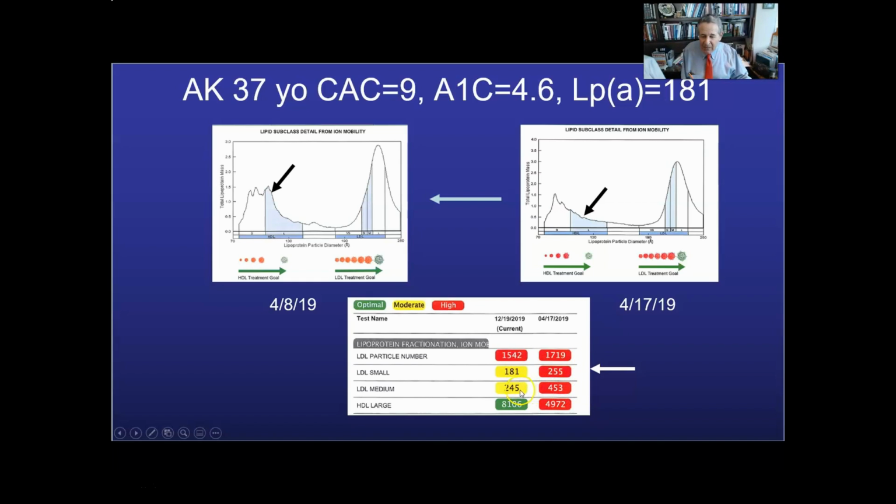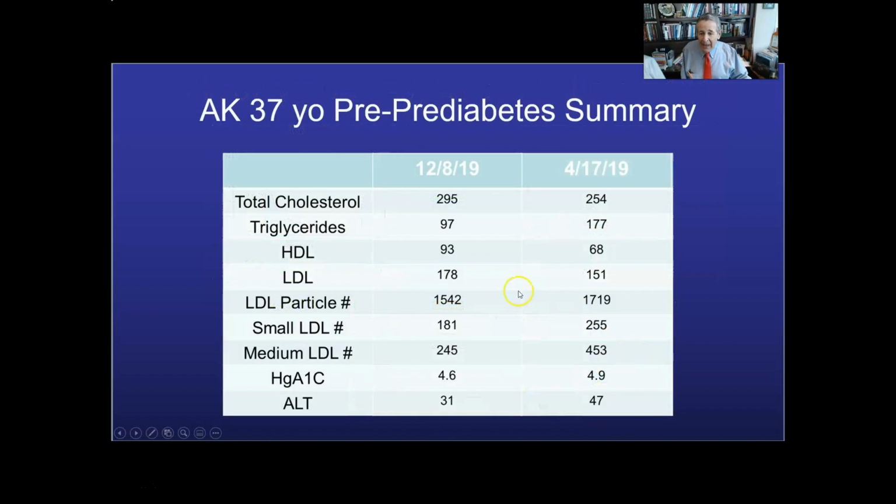His medium particles also came down dramatically. And when we look at his conventional numbers, again from April to December of this past year, his triglycerides came down dramatically, as we expect with a low-carb diet, intermittent fasting. His HDL went up dramatically.